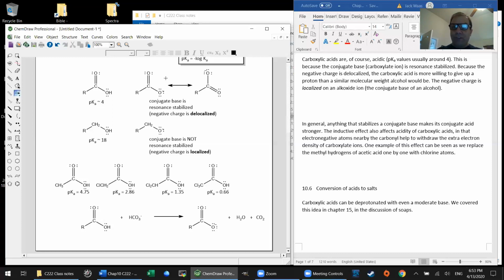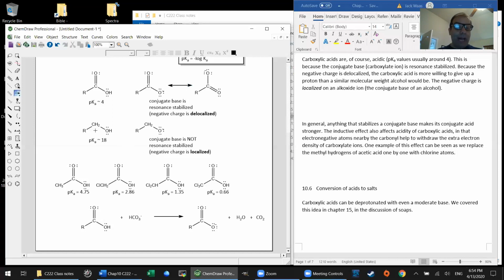So the more we can spread out that minus charge, the more stable the species will be. And so that's why carboxylic acids are relatively eager to act as acids, to give up H plus and make the carboxylate ion, the conjugate base, because the resulting negative charge that you get is delocalized. It's spread out over a larger portion of the molecule.